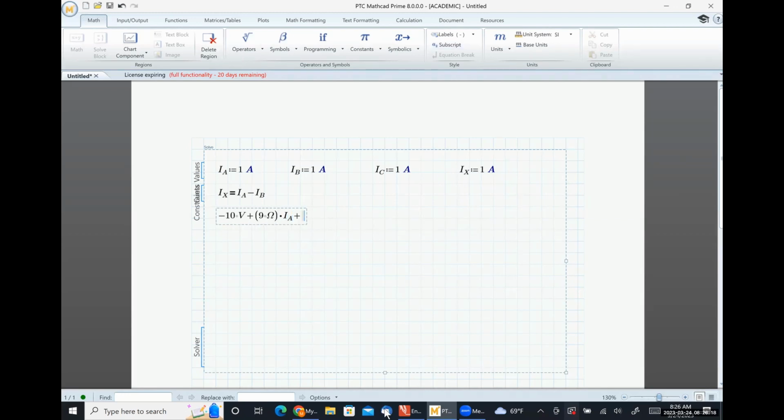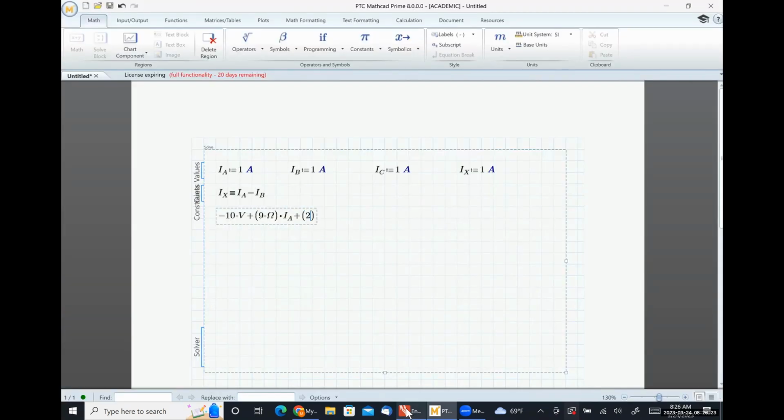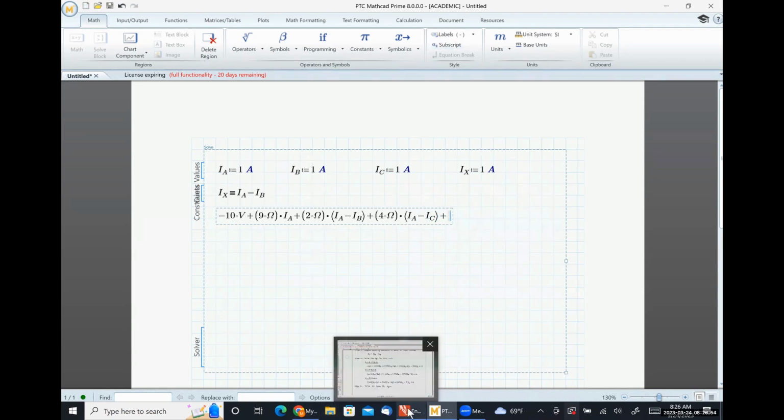Then we have 2 ohms times Ia minus Ib. Then we had, I think it was 4 ohms times Ia minus Ic. I made a mistake there. Plus 5 ohms.